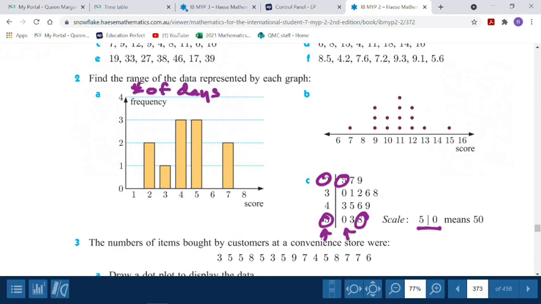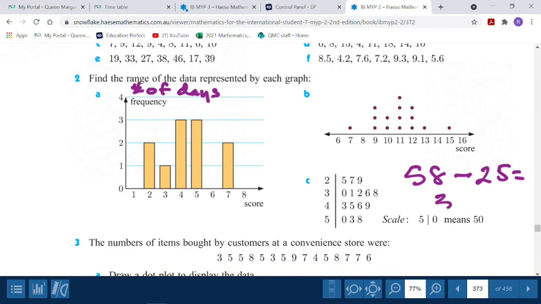So somebody tell me then, everybody working together, what is the largest number in this particular plot? 58. Minus, what is the smallest? And then I simply need to subtract those two, which gives me a range of what? Right, 5.